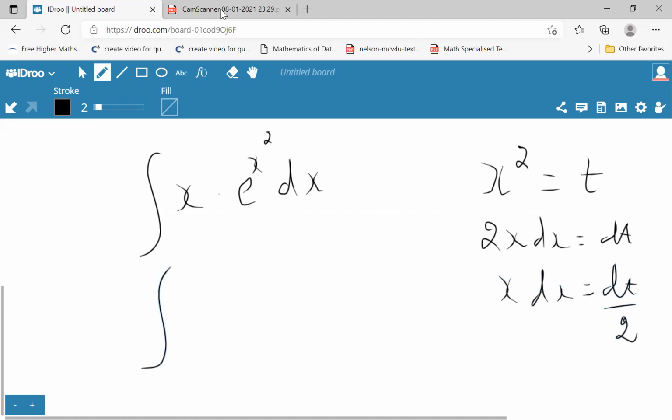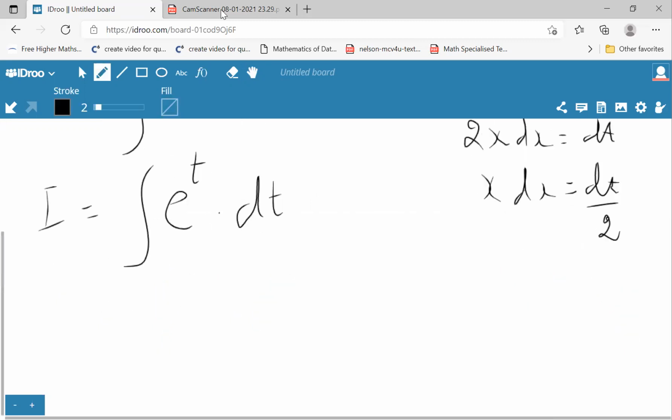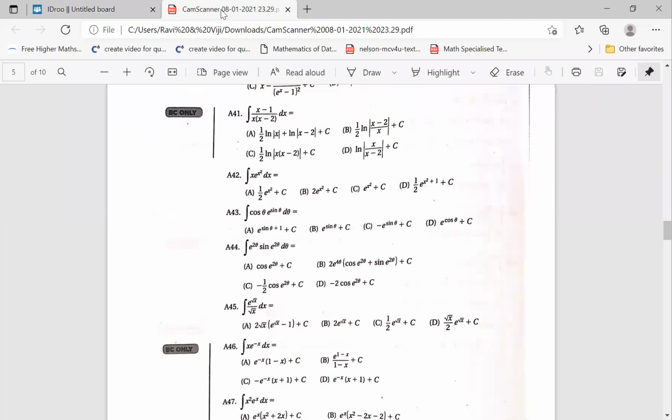So in the place of x dx, we can put dt by 2, and in the place of x squared, we can put t. So I is equal to integration of half e to the power of t dt, which is nothing but half e to the power of t plus c. Now substituting back for t, you get half e to the power of x squared plus c. Let's see which option is correct. E to the power of x squared plus c, so option C is correct.